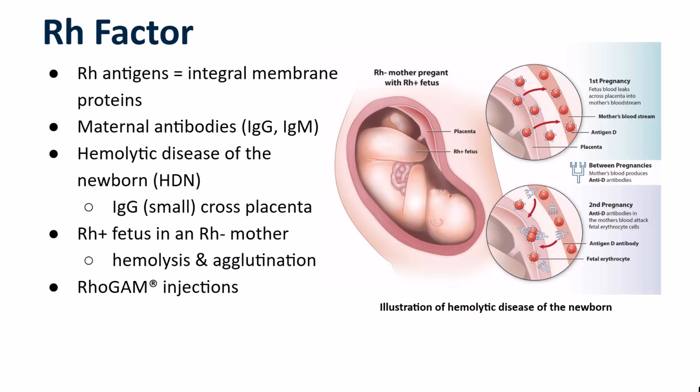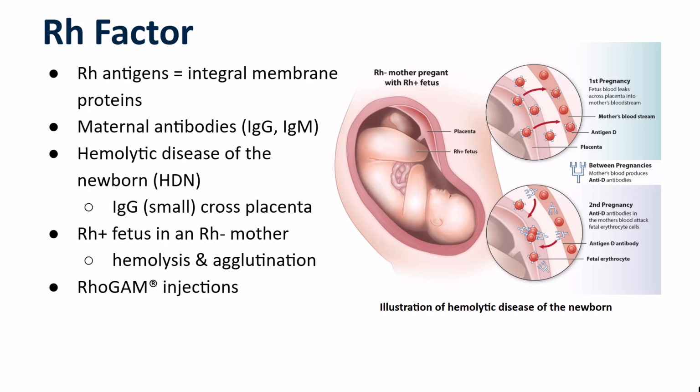Now let's talk a little bit about the Rh factor. The Rh antigens are integral membrane proteins, so they're not glycosphingolipids, but rather proteins within the membranes of the erythrocyte. And what happens with the Rh factor is that a person can either be Rh positive or Rh negative.